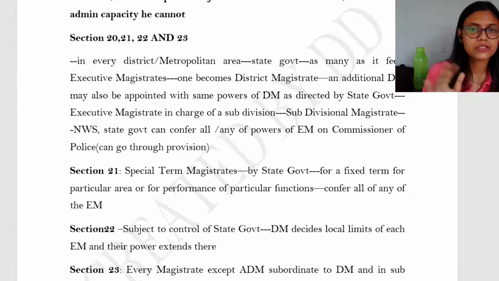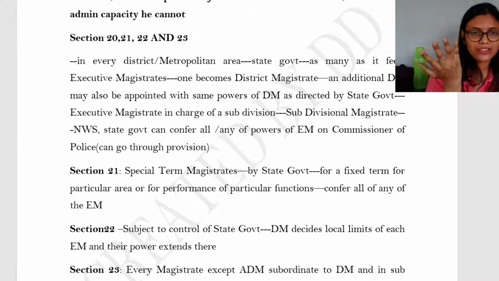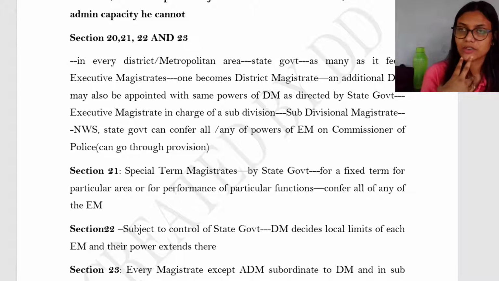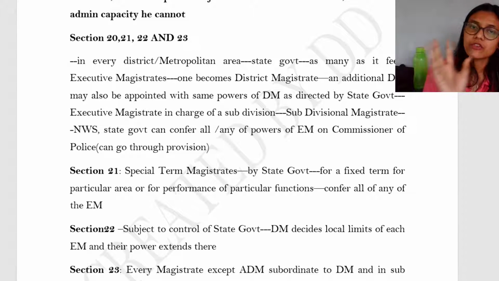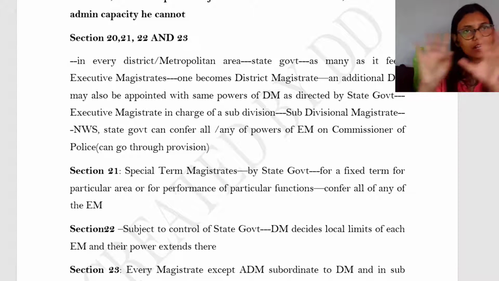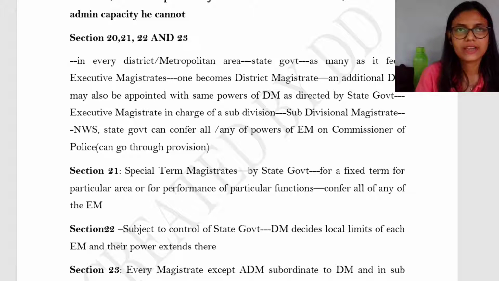Section 21 is talking about special term magistrates. Like we had seen sections 13 and 18, where we saw the special judicial magistrates, special metropolitan magistrates. Here also you have special term executive magistrates, where the state government, for a fixed term, for a particular area or for performing a particular function, will confer all or any powers of the executive magistrate.